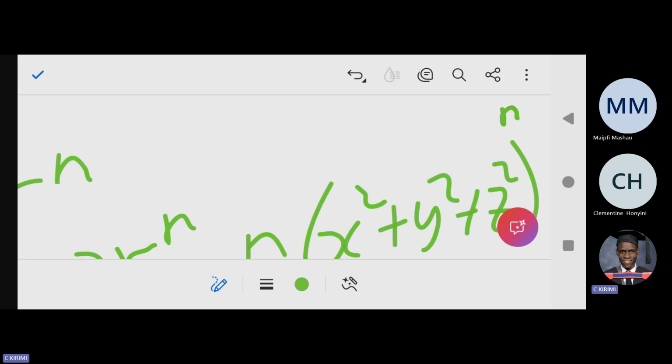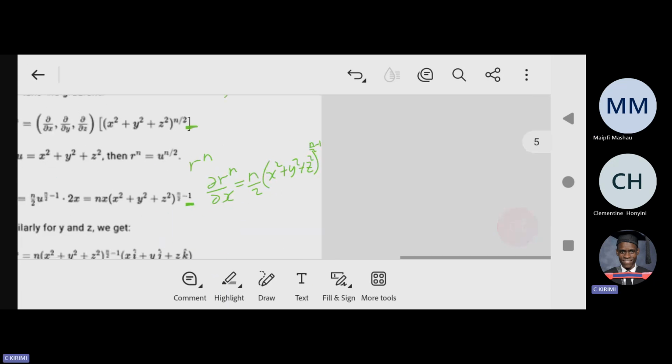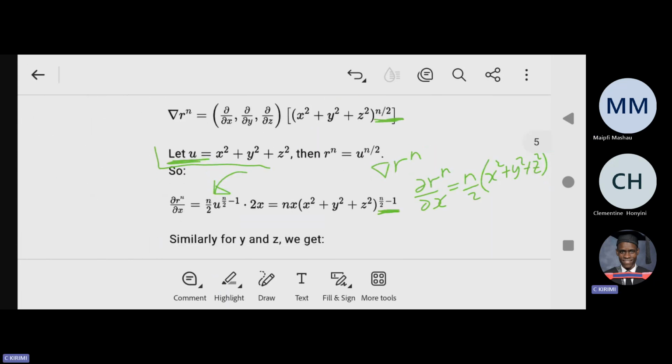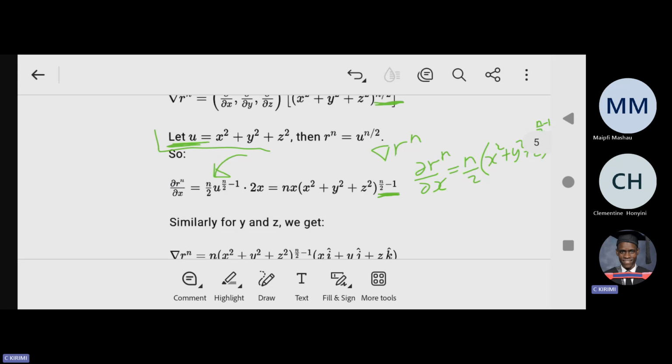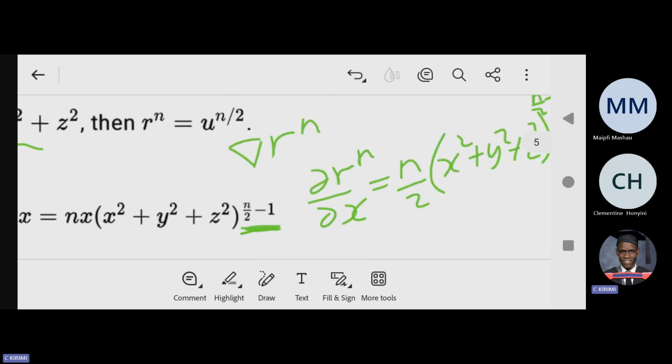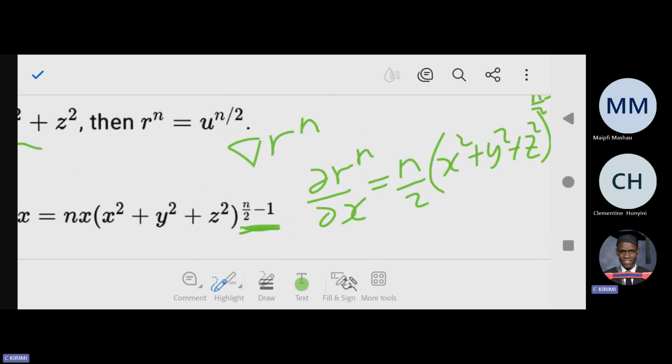So we subtract 1. Then we are not done. We differentiate by multiplying with the derivative of what is inside, the derivative of x squared. What is the derivative of x squared? It's 2x.